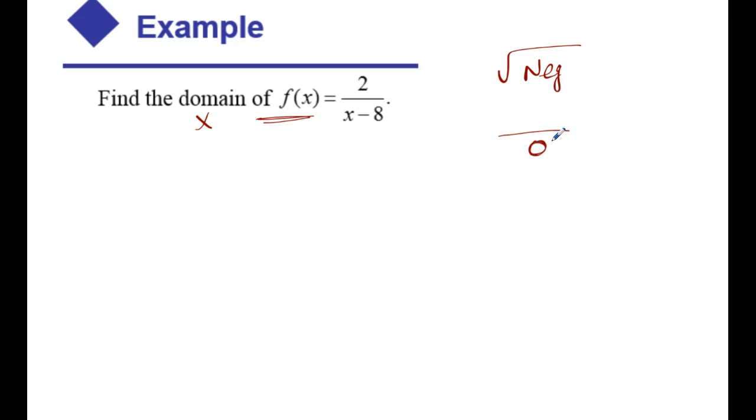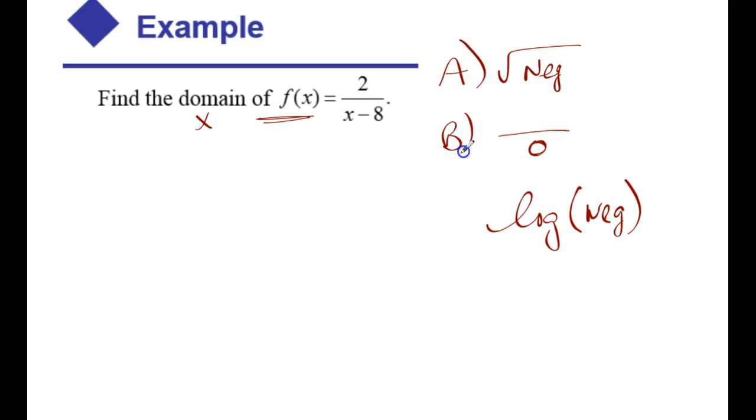So those are the two things right now that you know of that are big no-nos in math: taking square roots of negatives and dividing by zero. Later on, we're going to be learning that with the log function, you also don't want to take the log of a negative. So there are other things that cause the domain havoc. But for now, we're going to be looking for these two things, A and B.